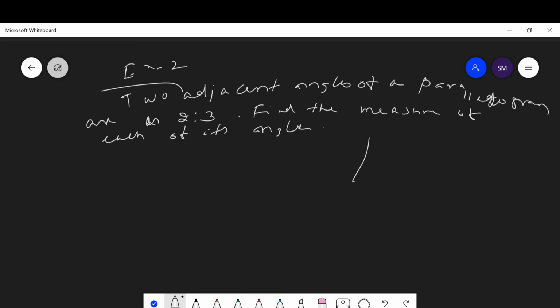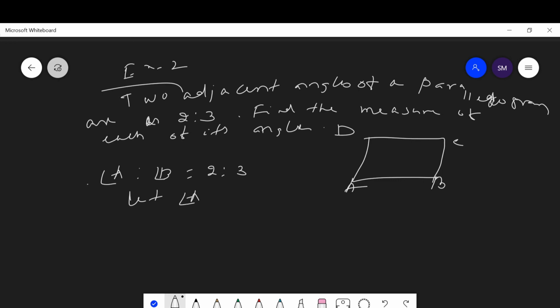Then let ABCD be a parallelogram, and angle A to angle B is 2:3. Let angle A be equal to 2x and angle B be equal to 3x.